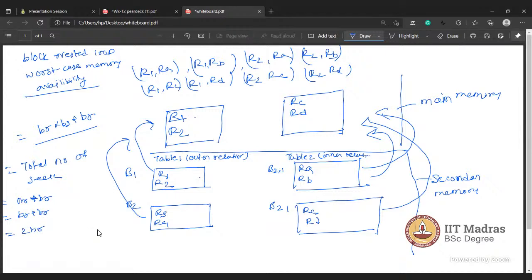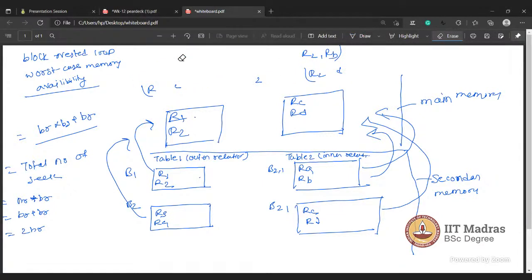Everyone got it? Sir, could you please repeat it? So let's discuss seeks. We are discussing R1 with RC, then R1 with RD.